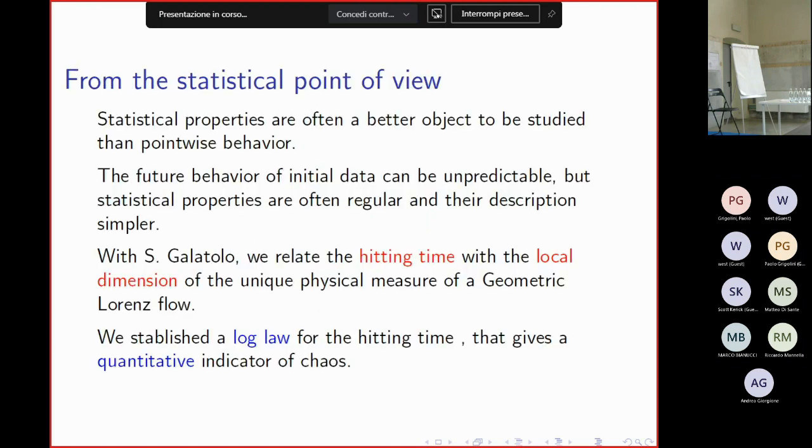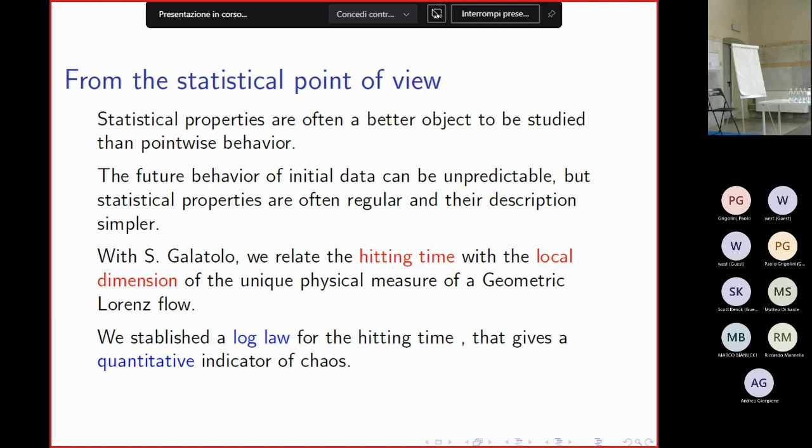From the statistical point of view, statistical properties are often a better object to study than the pointwise behavior. The future behavior of initial data can be unpredictable, but statistical properties are often regular and their description can be simpler.